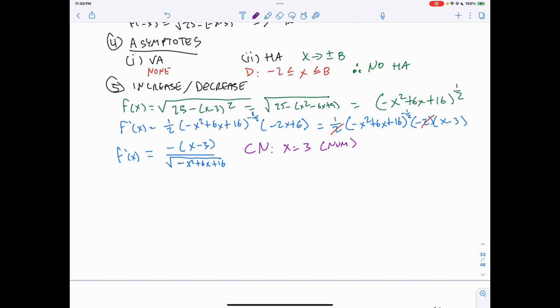And when I factor down that denominator, I get (x minus 8) and (x plus 2), where x is equal to negative 2 and 8, which is the same as the x-intercepts.